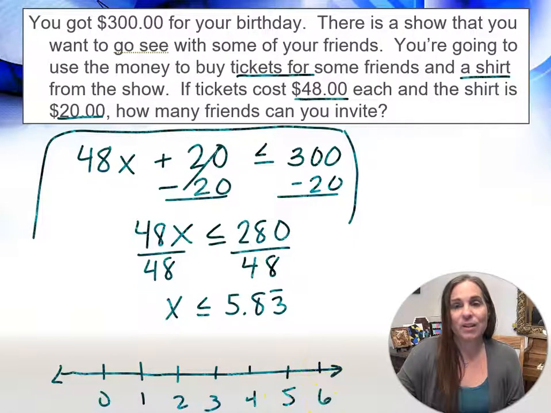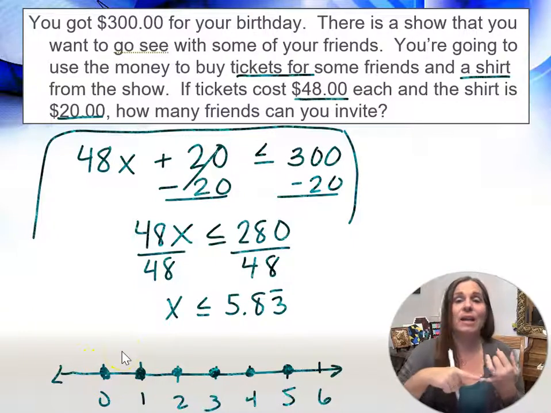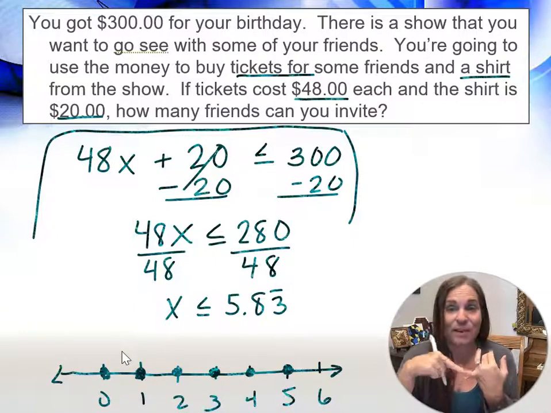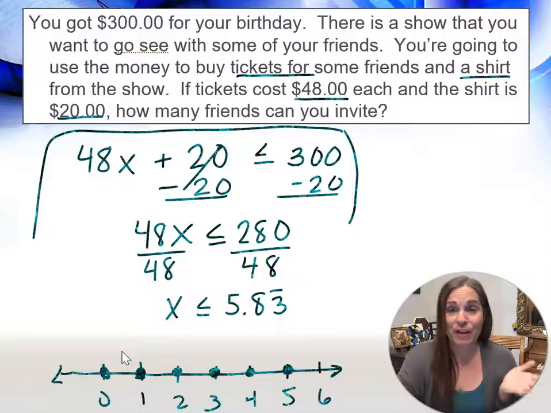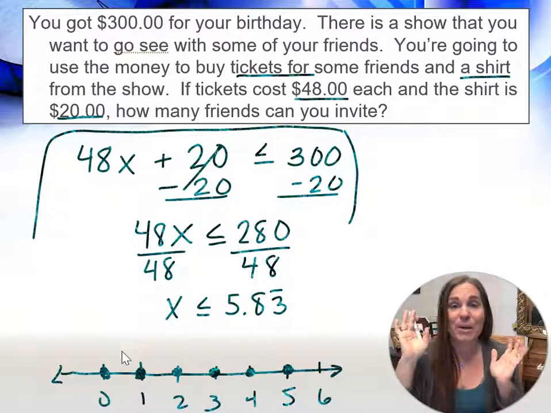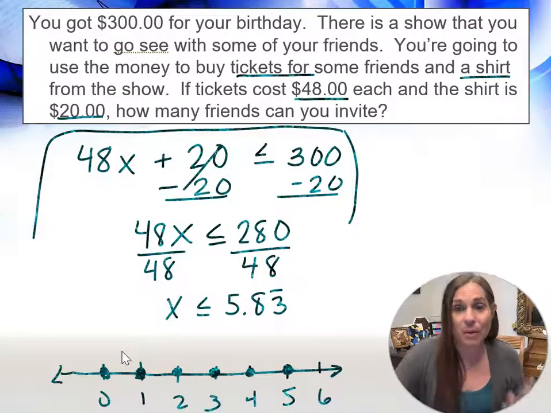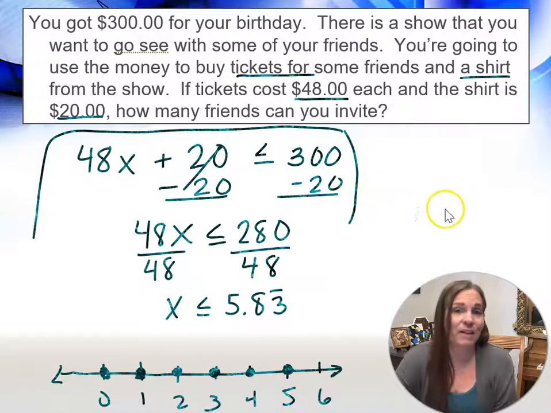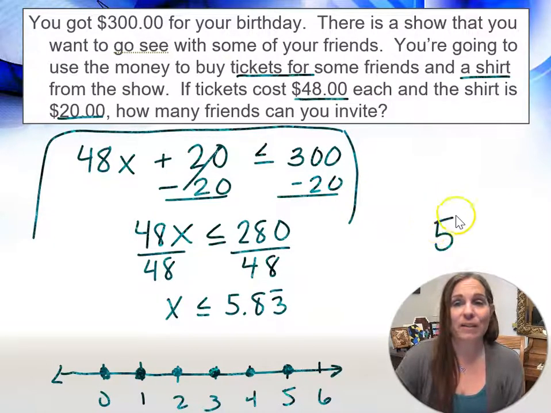Now I'm putting 6 on here, but I'm not going to put a dot on 6, right? Because I don't have enough money to invite a 6th person. So I could buy the shirt, and then I could either have no friends, 1 friend, 2 friends, 3 friends, 4 friends, or 5 friends. But if I was asked for the maximum number of friends that I could invite, the answer would be 5.